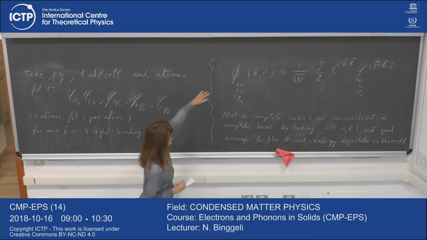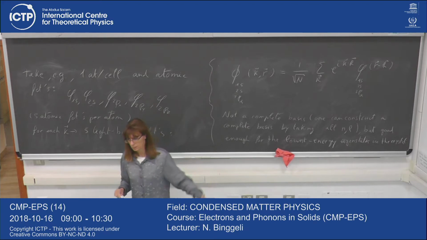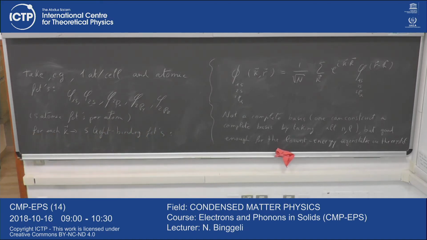Of course, how many one includes will depend on the system. Here it's the case of carbon, so I will go up to these 5 orbitals.